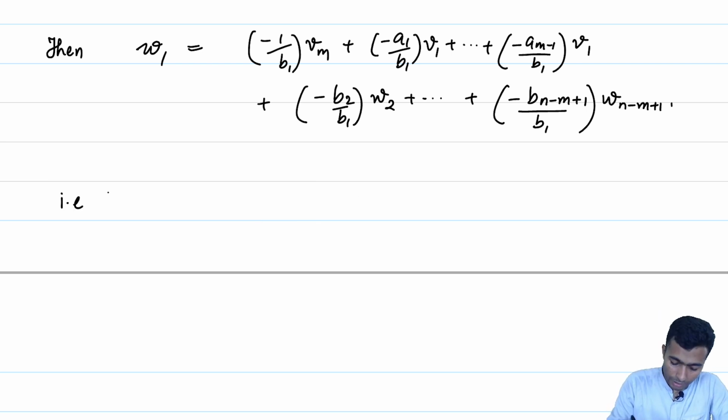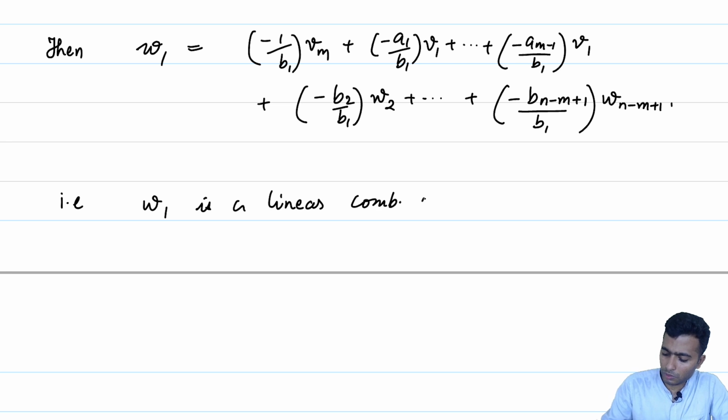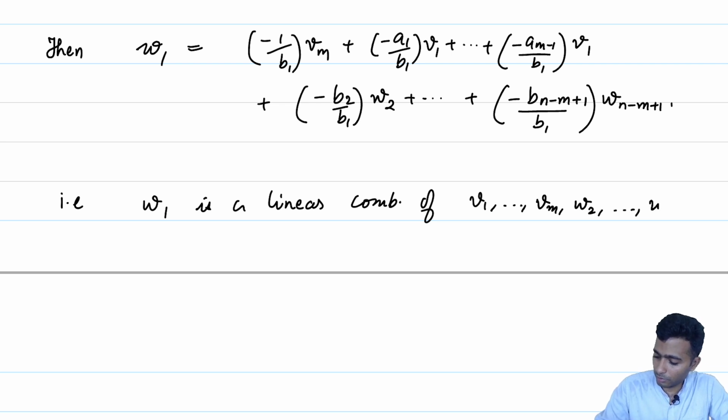That means W1 can be written as a linear combination of V1 to Vm and W2 to Wn minus m plus 1.